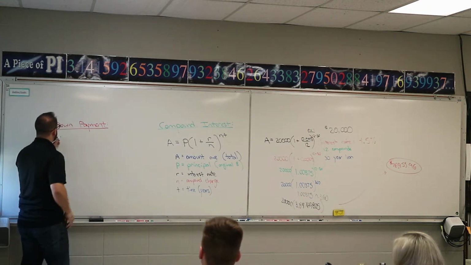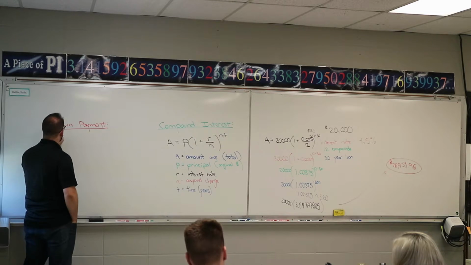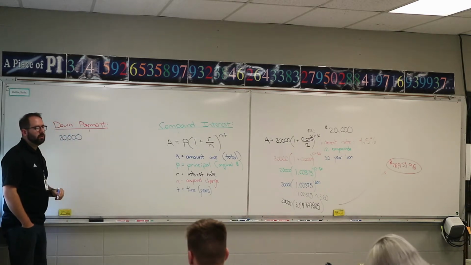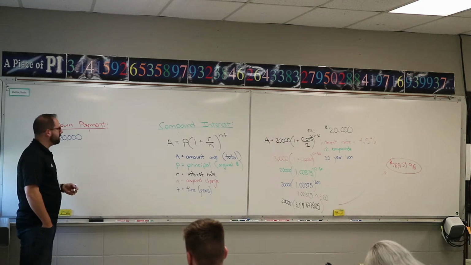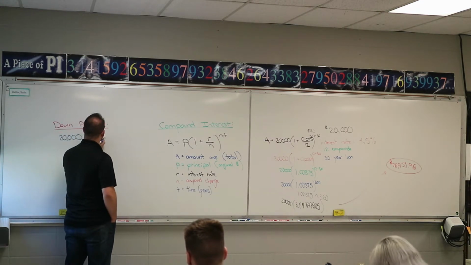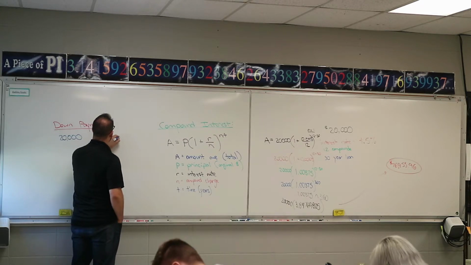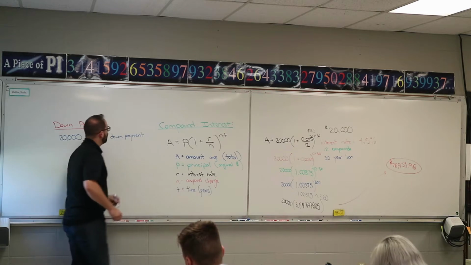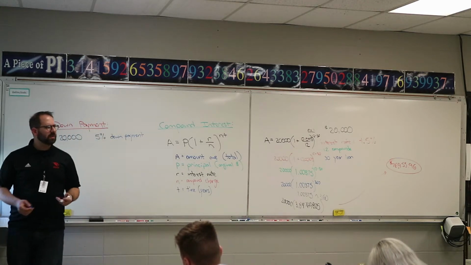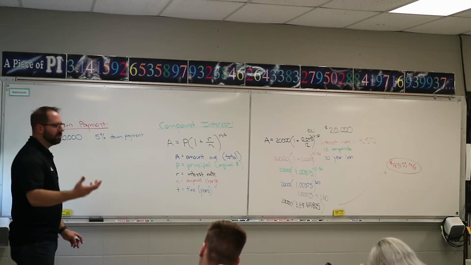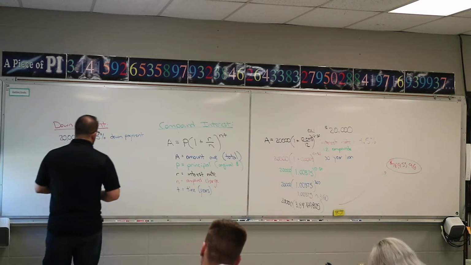So let's say you're going to do your $20,000 home here, but you're going to do a 5% down payment on that home. 5% doesn't seem like a lot until you understand what 5% is, okay?